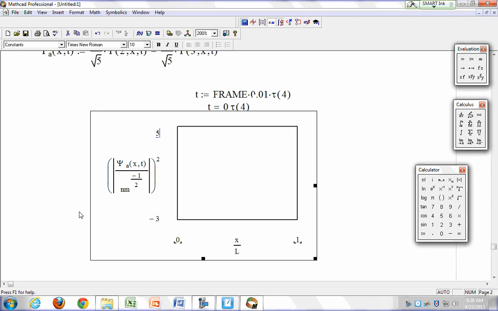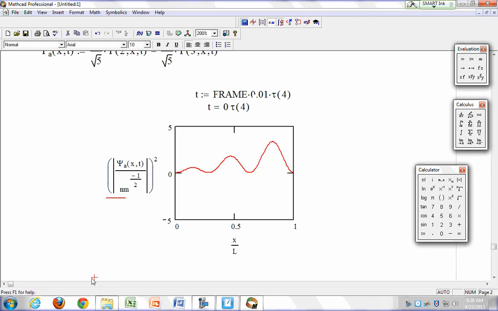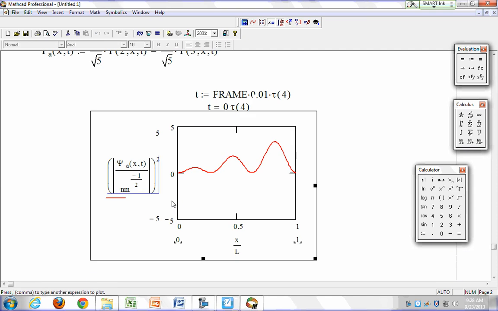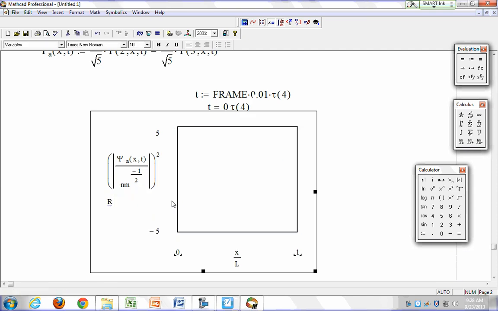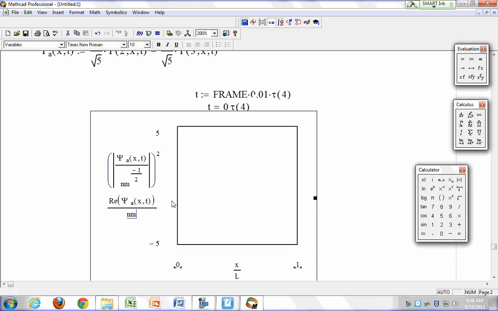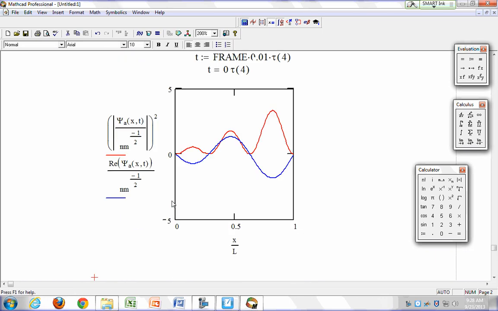Let's make this 5, negative 5. Okay? And so what do I need to do here? I want to show you the real part of psi, the actual psi as a function of x and time, right? And my unit for that is nanometer to the negative 1/2.